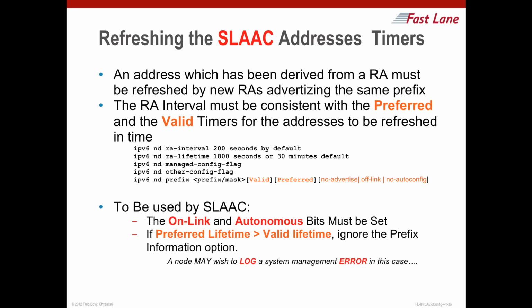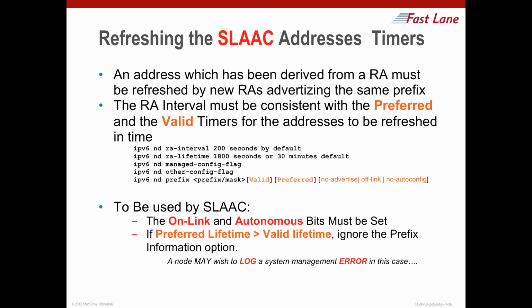You may also have to configure a few timers on the routers, like the RA interval or the RA lifetime. The interval means how often you send one RA, every 5 minutes or every minute, and you must set this configuration.